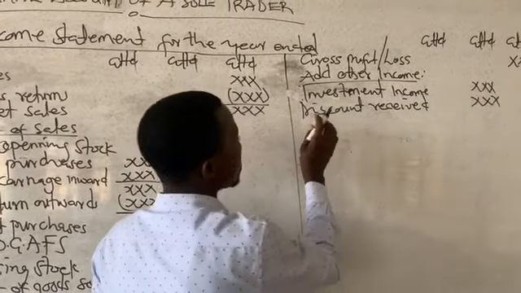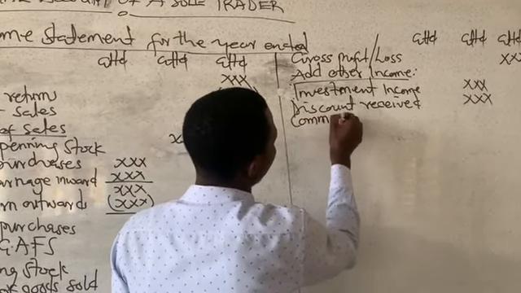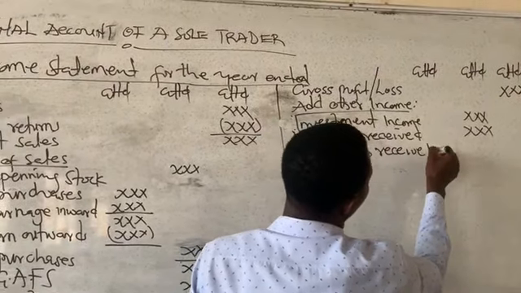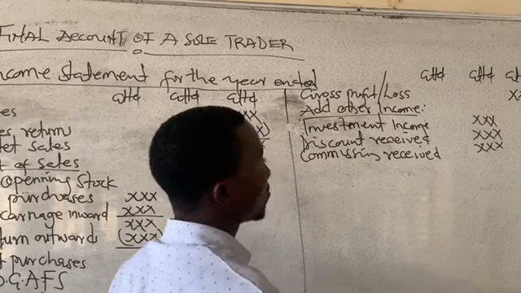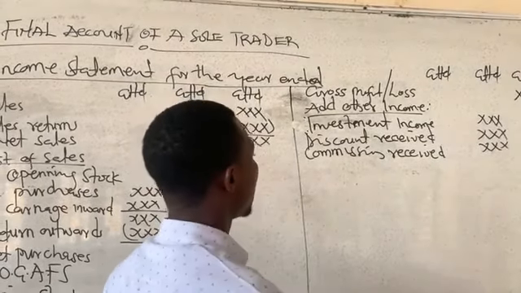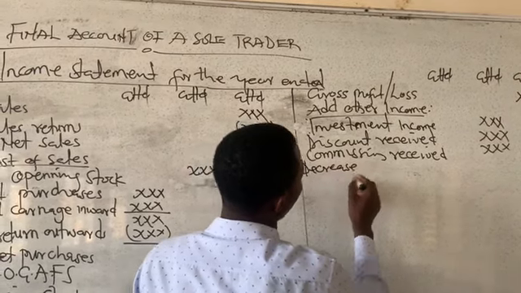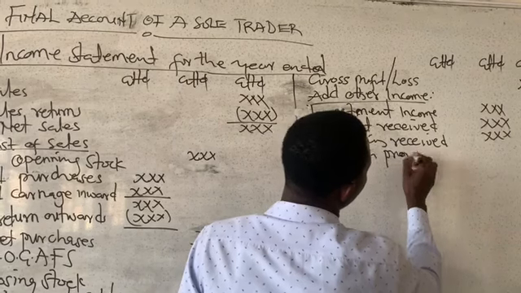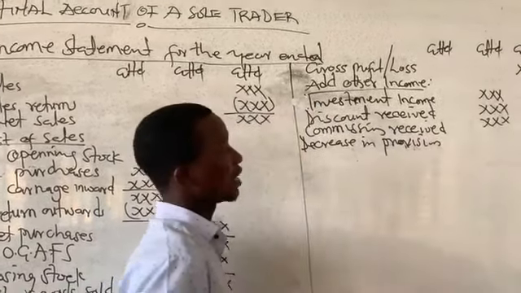Probably if there is any commission receipt, we add it. Is that okay? And sometimes if there is a decrease in provision, is that okay? So decrease in provision for doubtful debts, we add it.